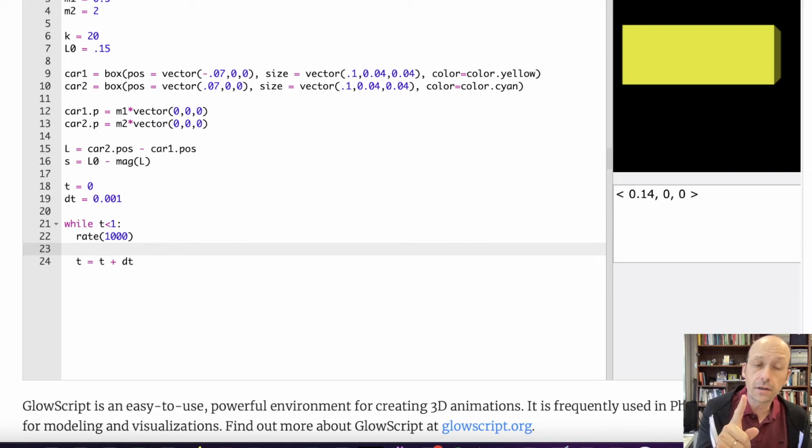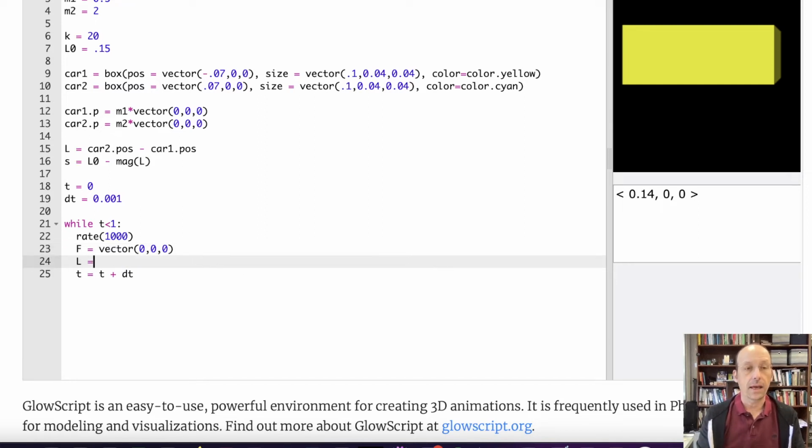Okay, so the first thing I'm going to do is this. F equals, and this is the force on car2, F equals vector 0, 0, 0. At the beginning of each loop, I'm going to set the force equal to 0. And then I'm going to test if I need to change that force. Now the next thing is to calculate L. L equals car2.pos minus car1.pos.